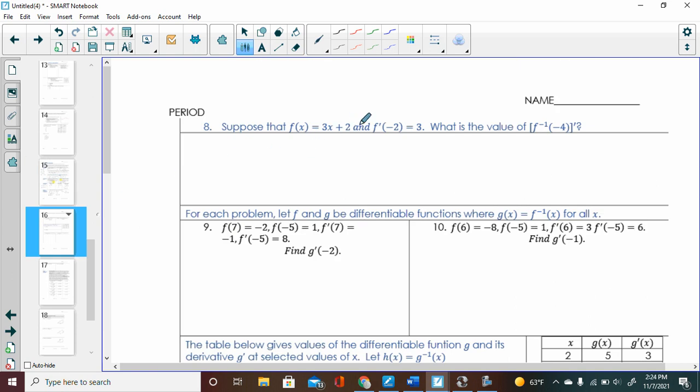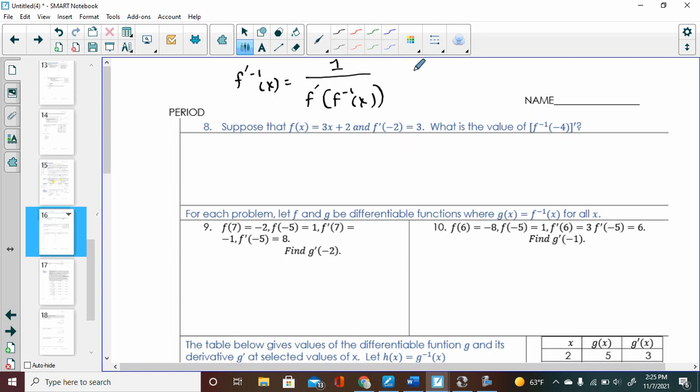So it says suppose that f of x equals 3x plus 2. And so I'm going to write that up here. The derivative of f inverse of x equals 1 over f prime of f inverse of x. So I just wanted to write that out. Anyways, so suppose that this is true and this is true. What is the value of the derivative of the inverse at 4?